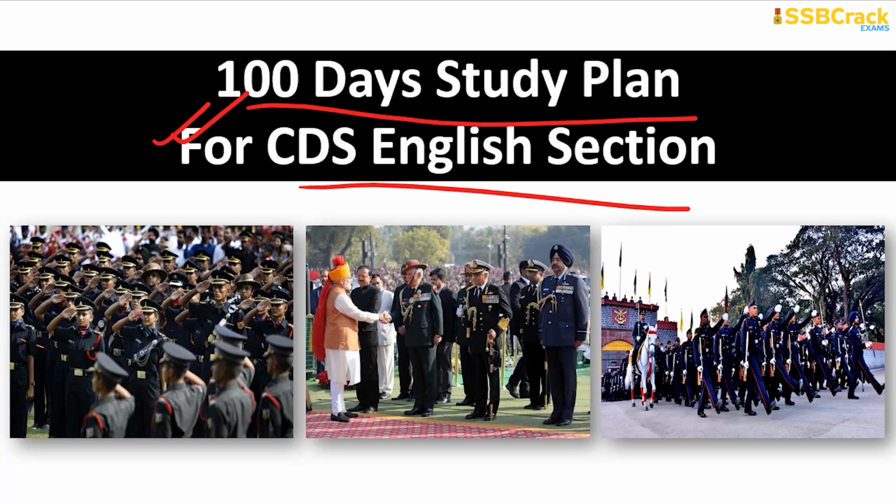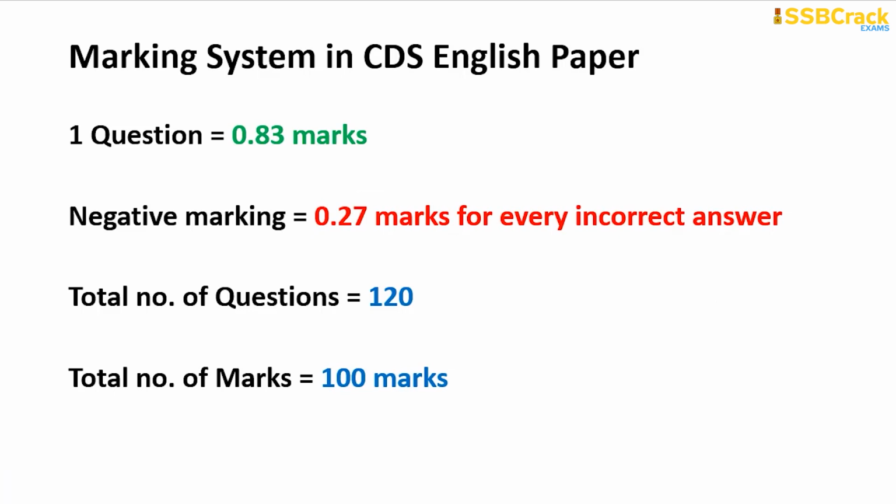So let's start first of all with the marking system in the English paper, because you need to know how many questions you'll get, what will be the total marks, and what can be the negative marking, or the marks you will get for answering a question correctly. If you answer one question correctly, you will get 0.83 marks.